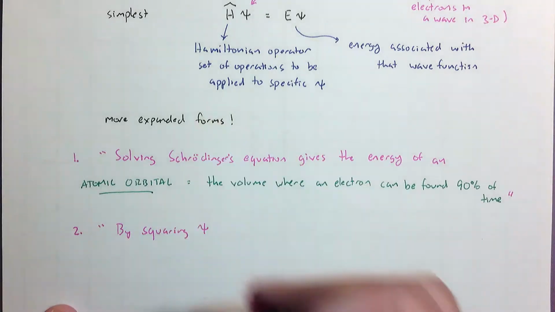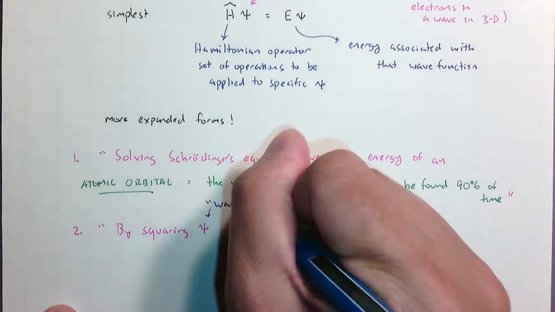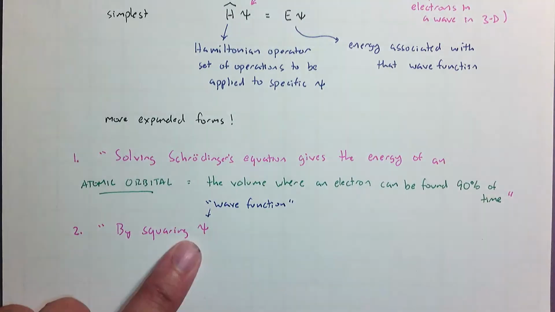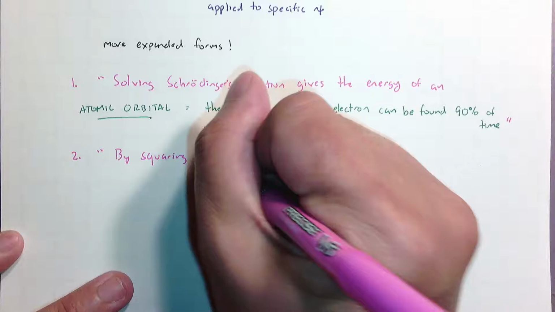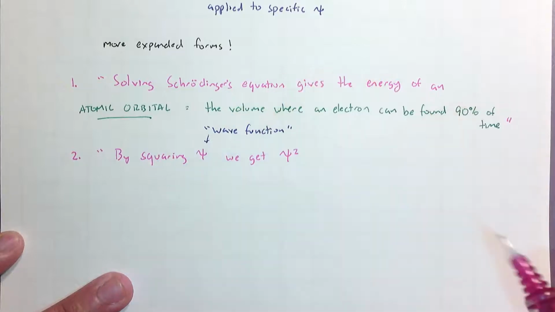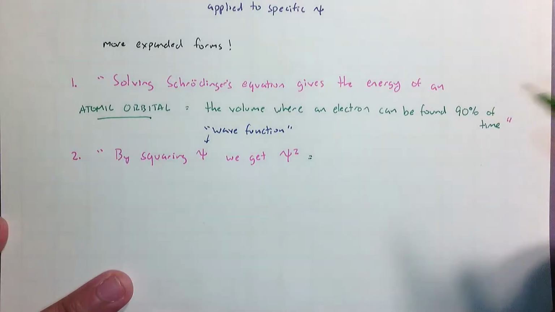The wave function. By squaring the wave function psi, we get, very simply, psi squared. But what is psi squared? Psi squared equals the electron probability density.